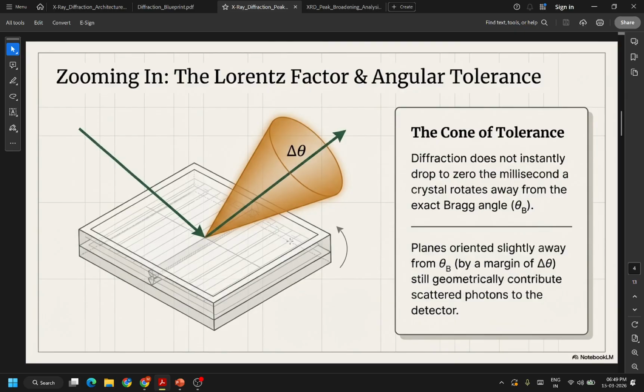There are planes oriented slightly away from theta B by a margin of delta theta, which will still geometrically contribute to scatter photons to the detector. So it's not like, if my peak should come at 10 degrees, at 9.9 degrees I will have zero intensity, and at 10 degrees I will have very high intensity, and then again at 10.1 degrees I will have zero intensity. There is a tolerance cone, some tolerance margin delta theta, which will also contribute to the peak, to the scattering.